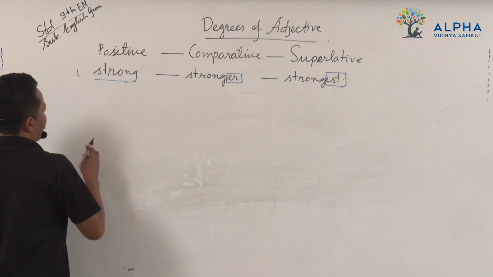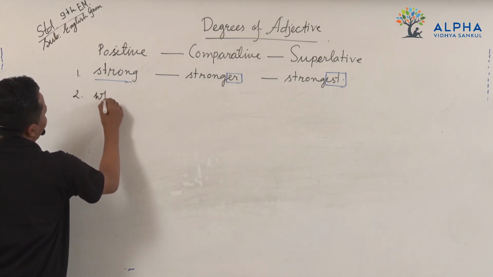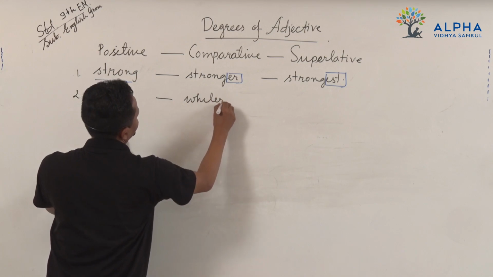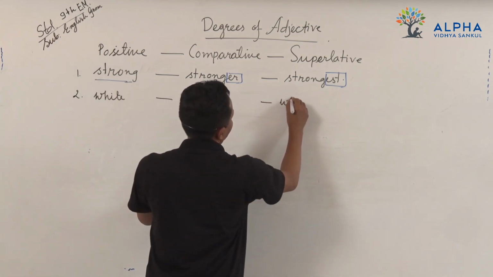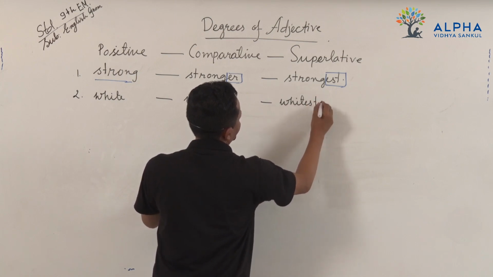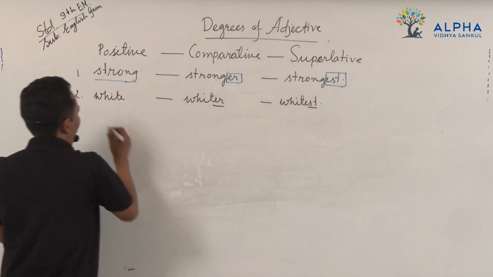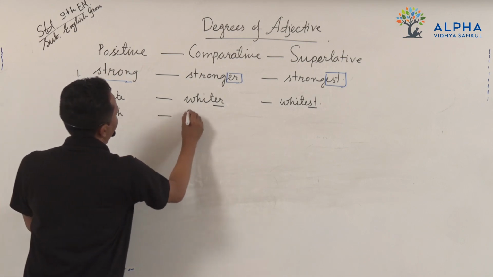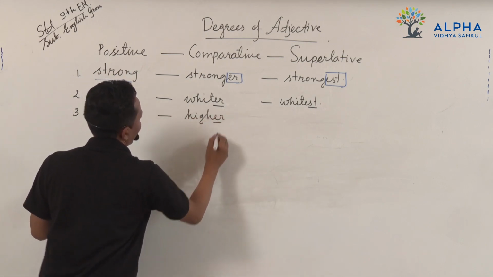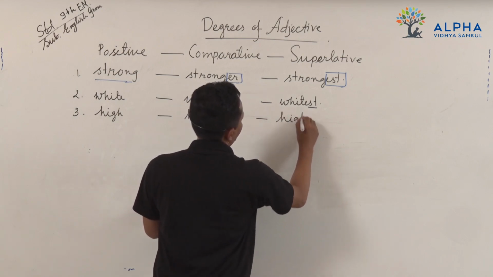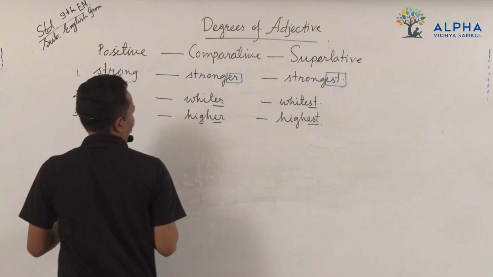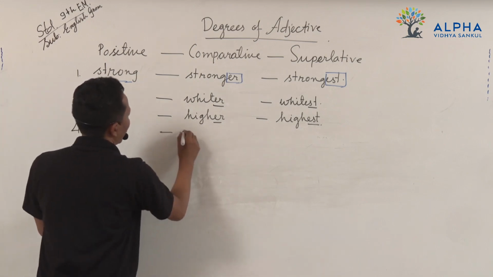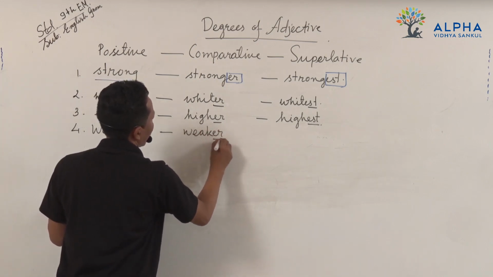The next is white: whiter, whitest. Number 3: high, higher, highest. Weak, weaker, weakest.